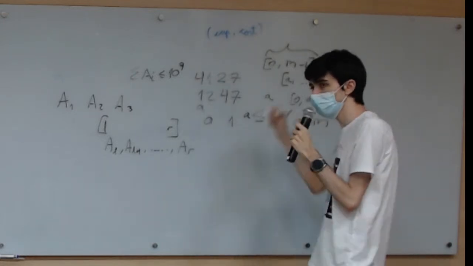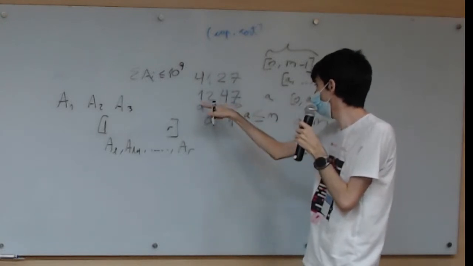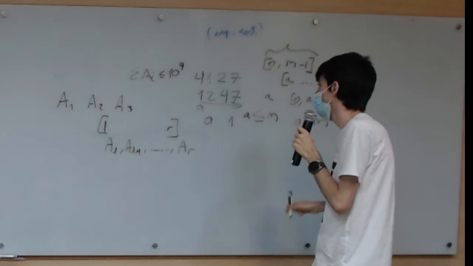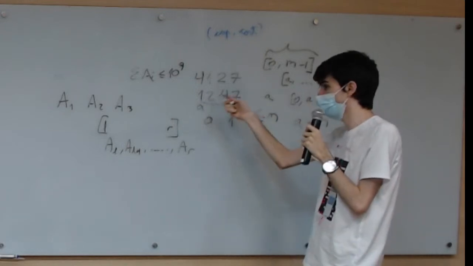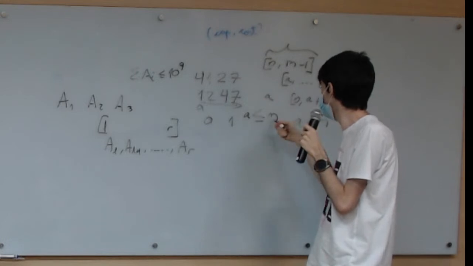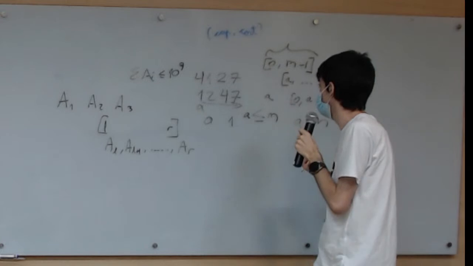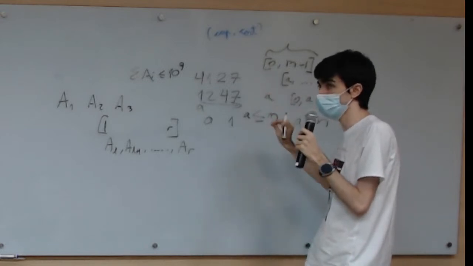So the algorithm to calculate this would be to sort all the numbers in the array from the smallest one to the largest one, and then if the current number is smaller or equal than the smallest number we cannot sum, add that to the sum until we reach a number which is bigger.